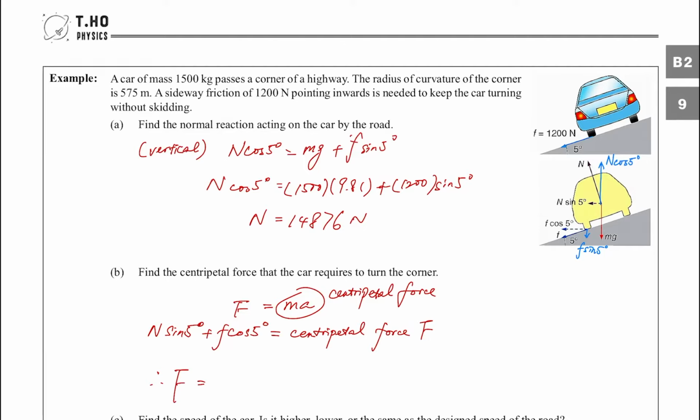Putting in the numbers, F will be equal to N sine 5 degree plus F 1200 cosine 5 degree.